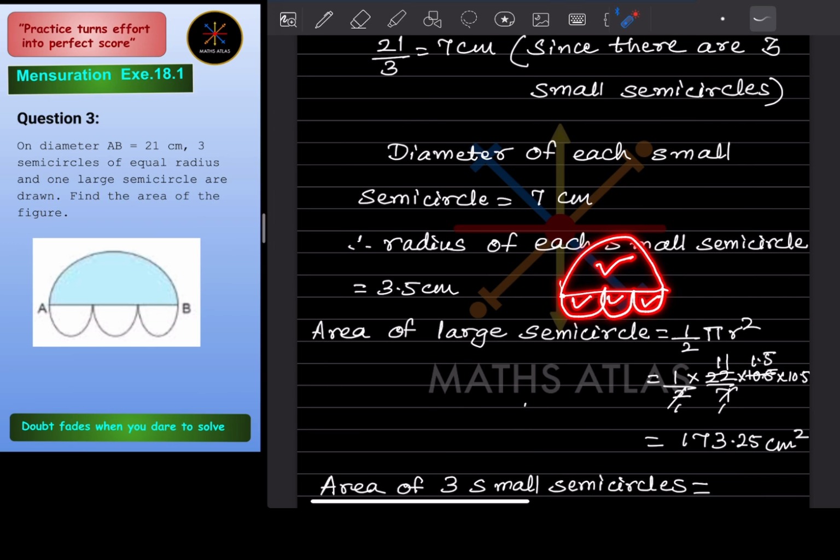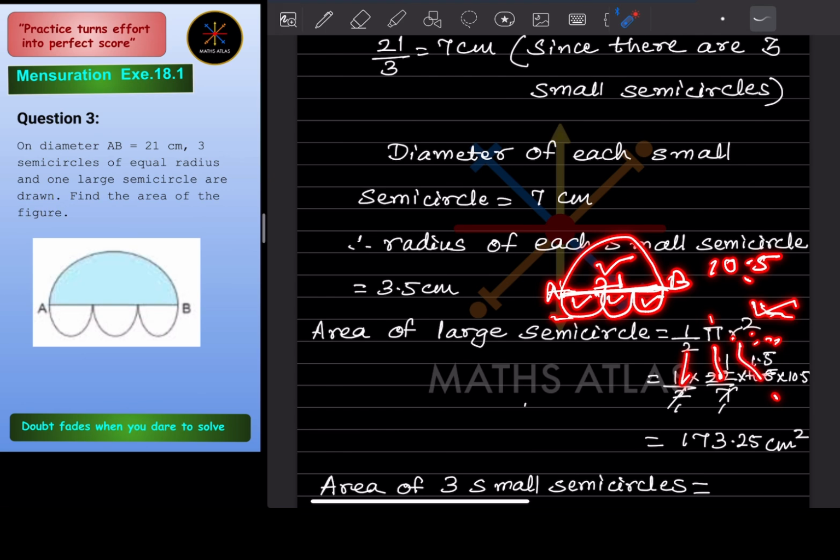So the area of the large semicircle, the formula is half pi r square, because for a semicircle we know the formula is half pi r square. So half into 22 by 7. What is r over here? This whole part was AB, which was 21, so the radius is 21 divided by 2, which is 10.5.